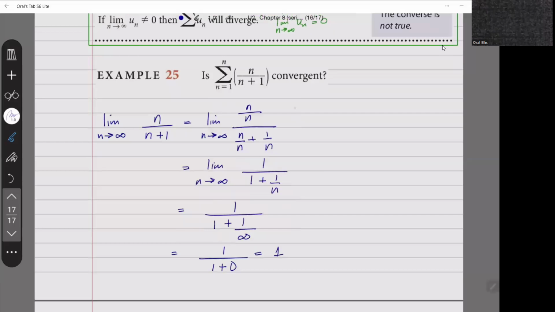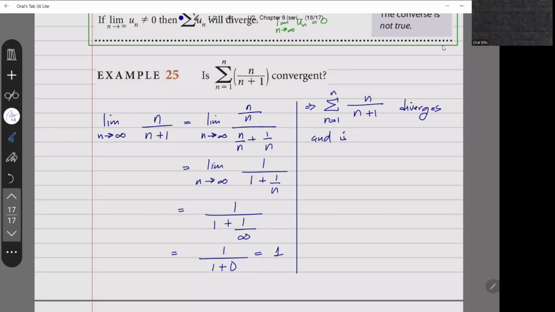So therefore, the series with general term (-1)^n times n over n plus 1 diverges, and is therefore not convergent.